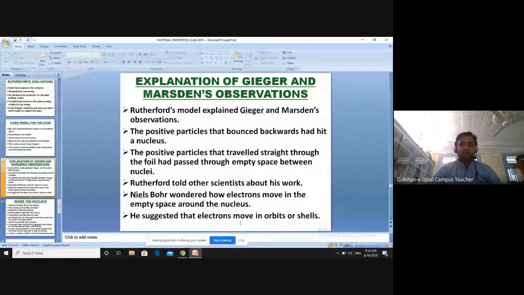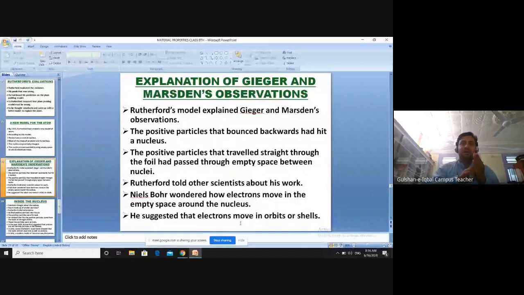But Neil Bohr said that electrons should revolve around the nucleus in a particular path. They cannot revolve on their own. They have to revolve in a certain path, and Neil Bohr said this path is known as a shell or orbit. So electrons revolve around the nucleus in particular shells, in particular orbits.